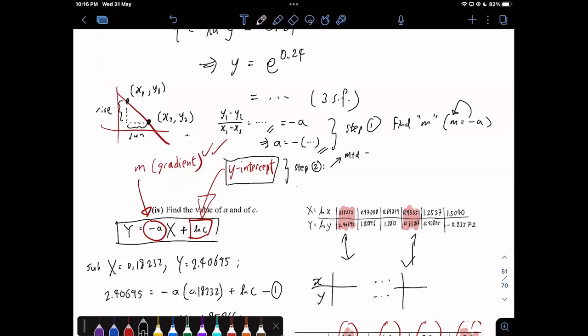Method number one: sub the m and the x and the y. Actually, I shouldn't say this. This is usually not little x, little y. It's capital X1, capital Y1, capital X2, capital Y2.